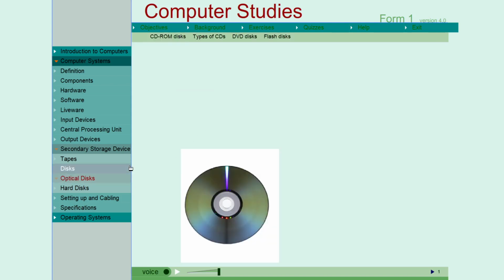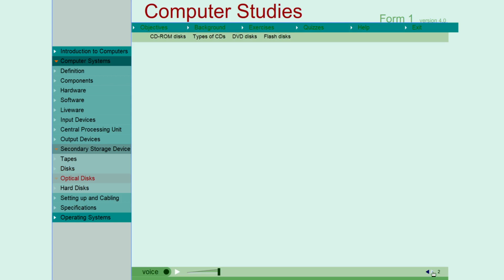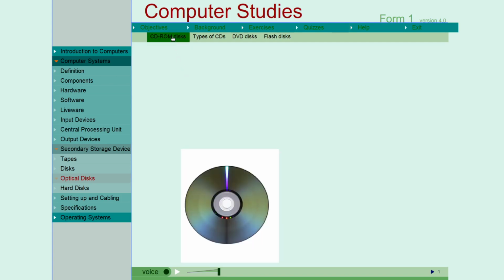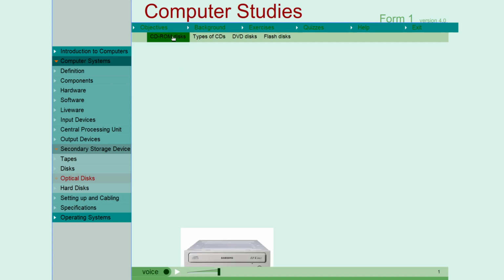Optical disks are removable disks on which data is written and read through the use of laser beams. CD-ROM stands for Compact Disk Read-Only Memory.